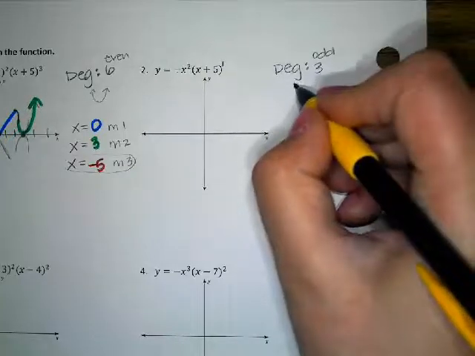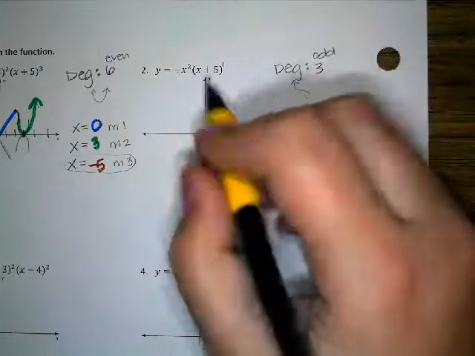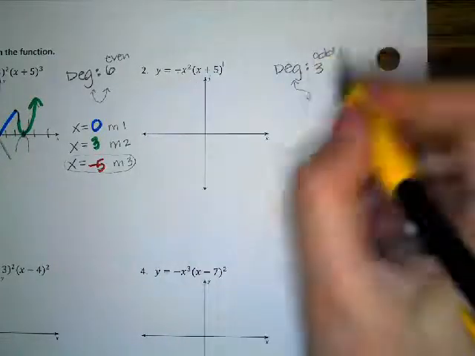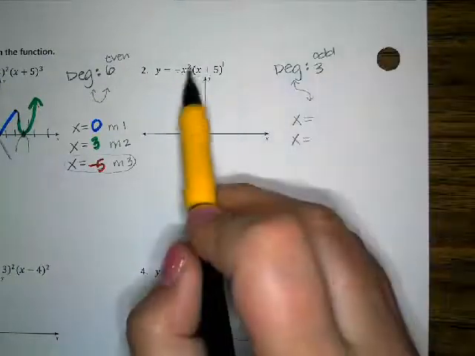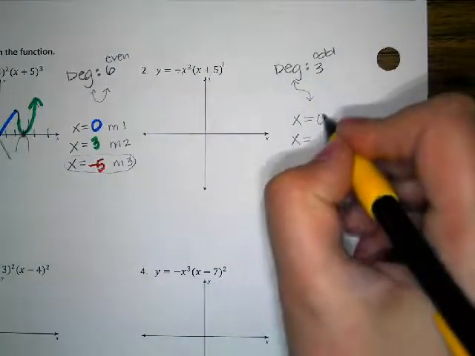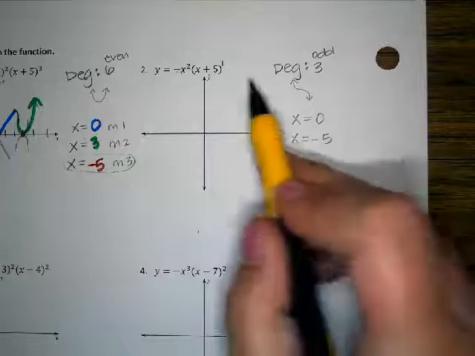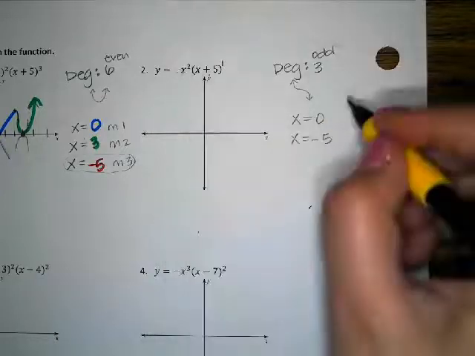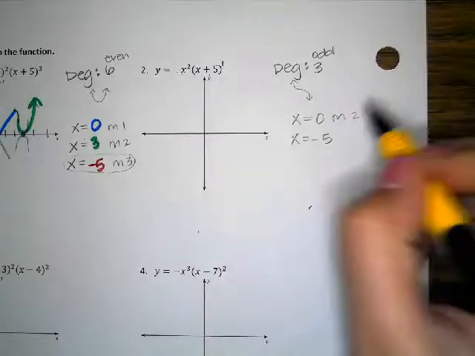We have 2 x-intercepts. We have an x-intercept at 0 and -5. 0 has a multiplicity of 2. -5 has a multiplicity of 1.